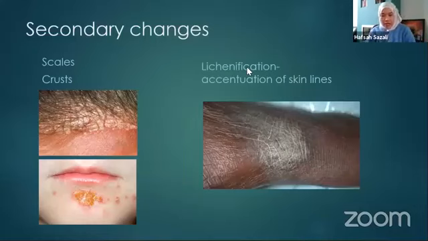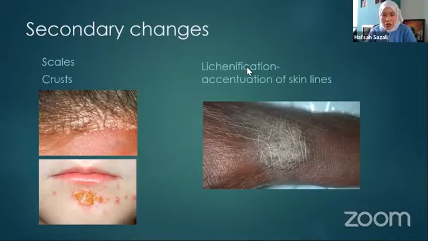Besides the primary features, we also look at the secondary changes, such as scales, which are basically hyperkeratosis, and crust, which can consist of dried debris, serum, or blood. Usually these are a result of burst blisters or pustules.